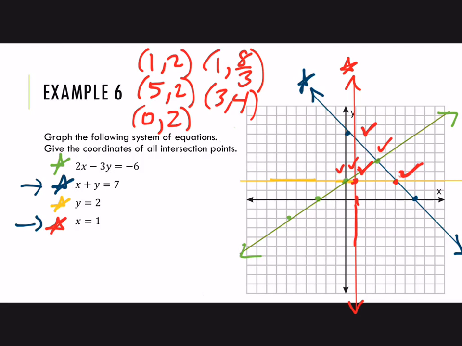I know x is 1, so I can substitute that into the other equation, and then I find that y is 6. Okay, so I've done green, red, yellow, and then blue. I just have, no, that's it, okay. I was thinking here, but this intersects an axis, not another line. Okay, so those are all of the intersection points.